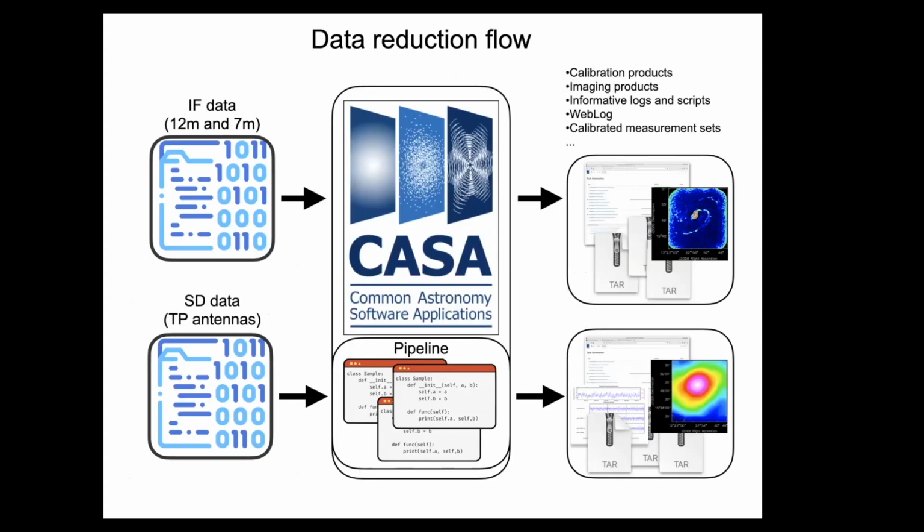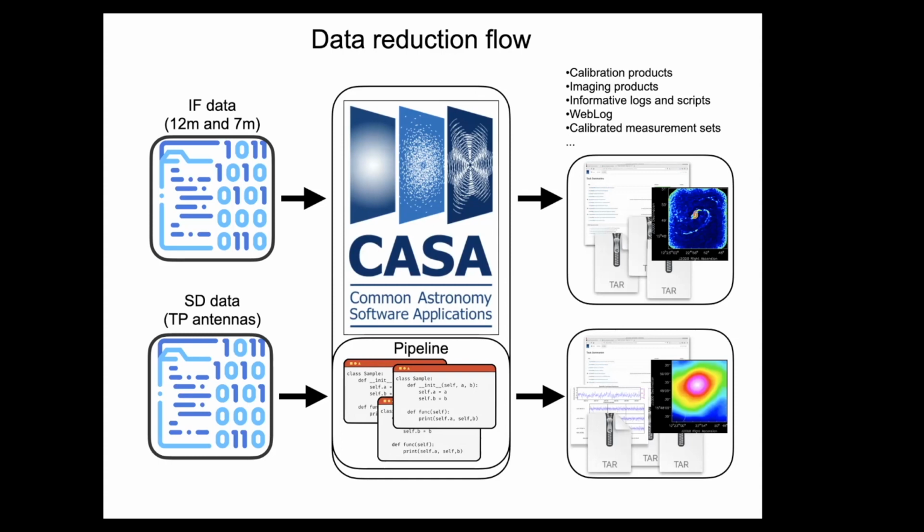All these descriptions of the pipeline, I picture them in my head as something like this. Basically, you have the data that either comes from the interferometer part of ALMA or the single dish part of ALMA, and then it passes through CASA together with the pipeline.